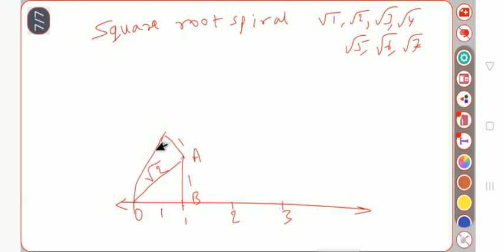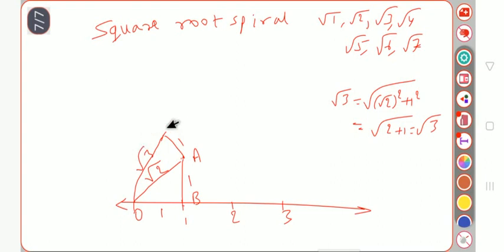You have to draw it by a scale. It will be a straight line. Root 3 is root 2 square plus 1 square; root 2 square is 2 and 1 square is 1, so it is root 3.